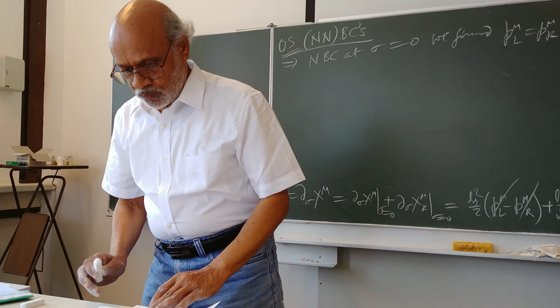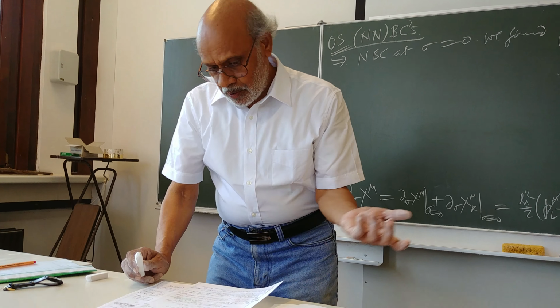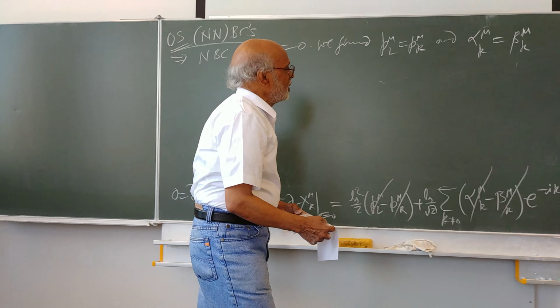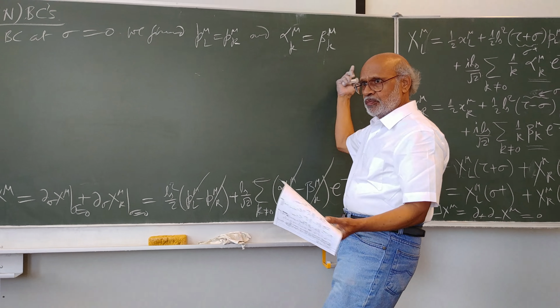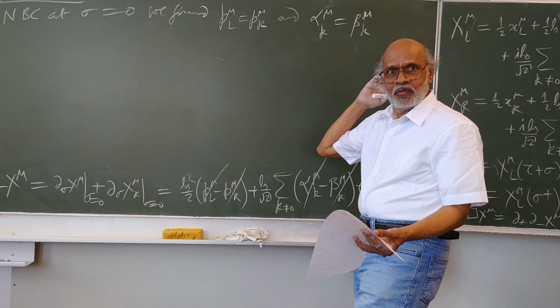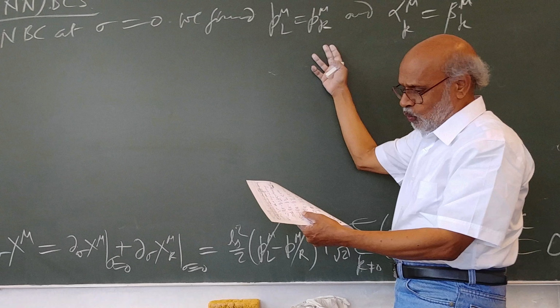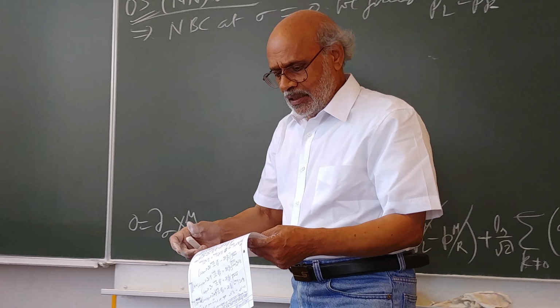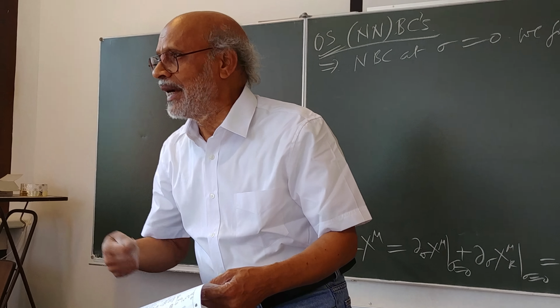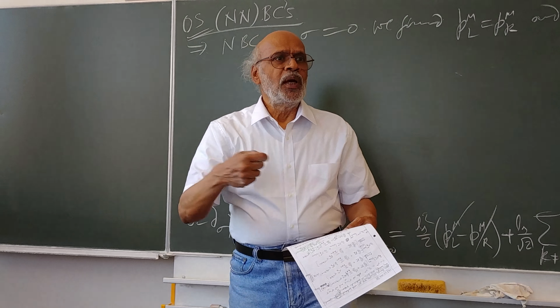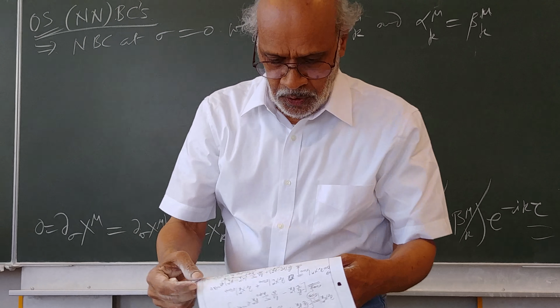Now, of course, it has some physical meaning. The physical meaning here is that we have the same Fourier modes for left and right moving waves, and P mu L equal to P mu R simply implies that a string cannot bind around itself.